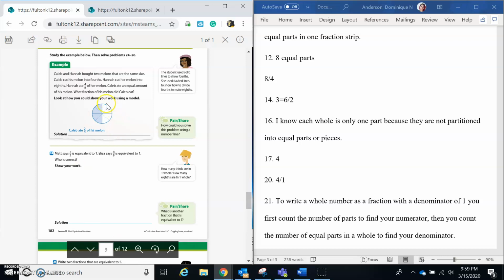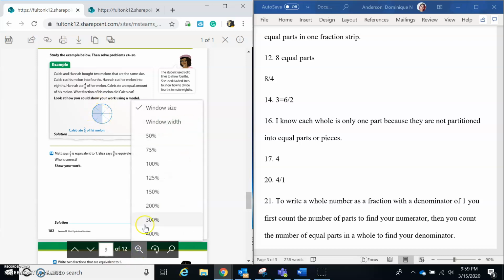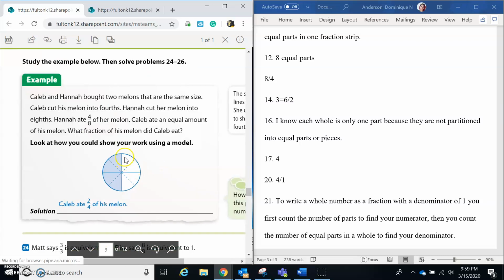They did the 2 models right on top of each other. Here's the 4th, and then she cut it into 8ths. If you look at the solid line, I know it's kind of hard to see. Let me see if I can zoom in. Here we go. If you look at the solid line, you have one here and then one going all the way across. You can see that he ate 2/4, which would be equivalent to the 1, 2, 3, 4/8.